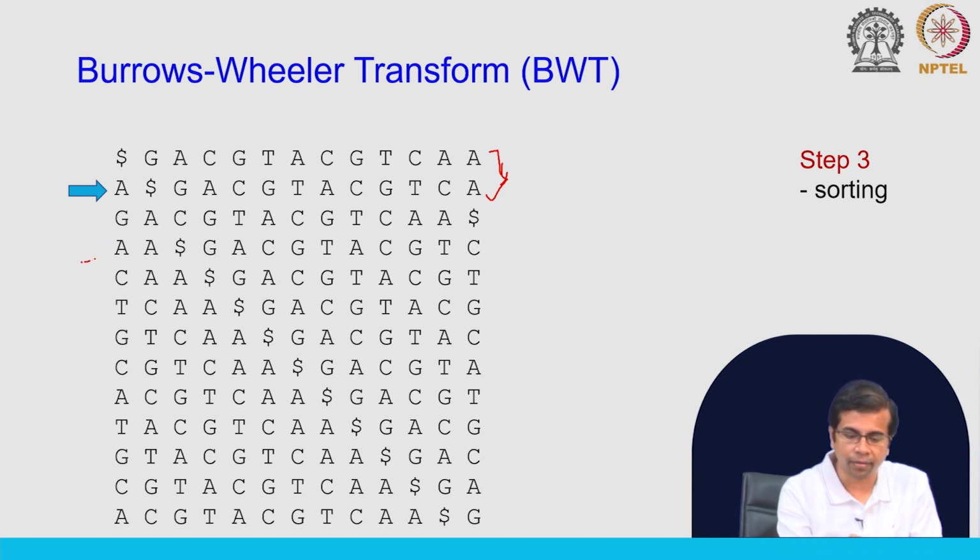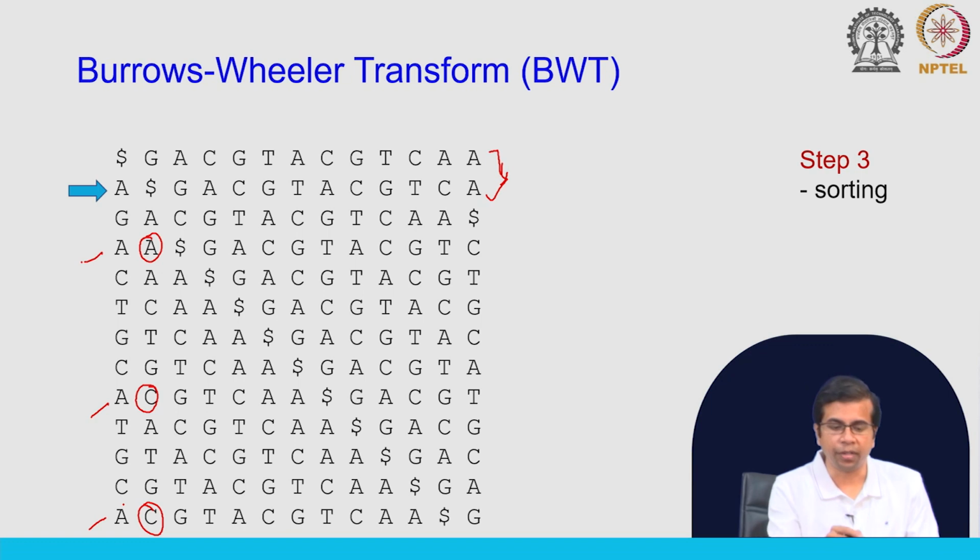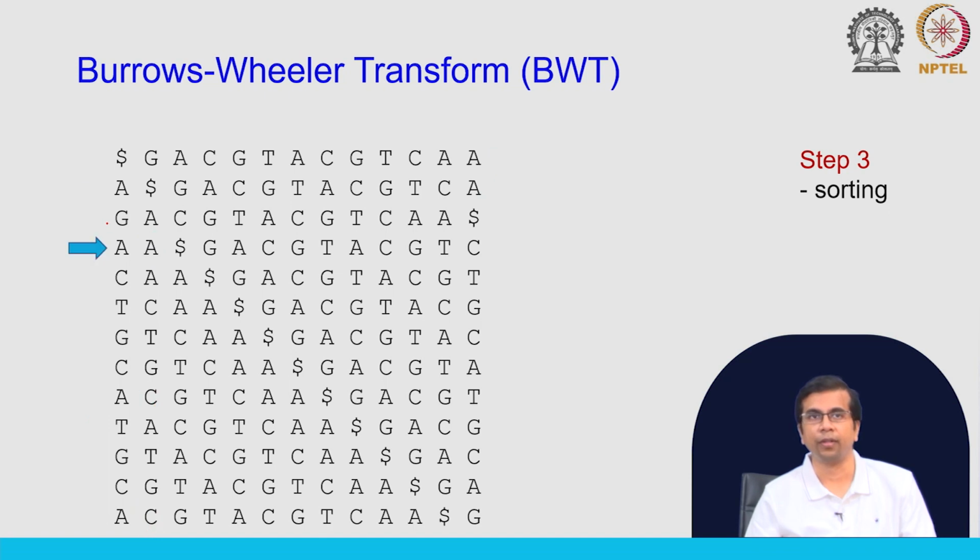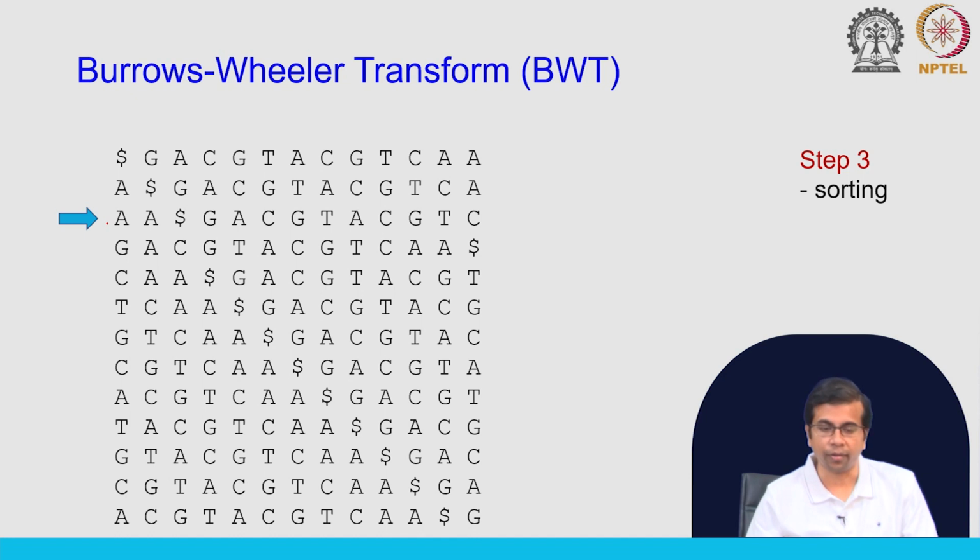Again the ones with A's, and the first letter is the same for all of them, but for this one the second letter is A, and for the others the second letter is C. So surely this one has to be moved here. We have chosen this one, and this is the third one. Now this is the sorted part.